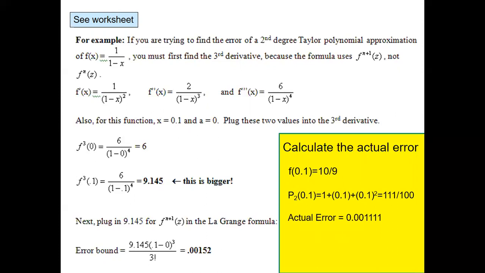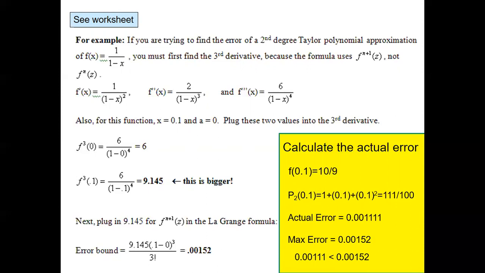The difference between those two numbers is 0.001111. But my maximum error was 0.00152. So therefore, the actual error came out less than the maximum possible error, approximating 1 over 1 minus x with a second degree Taylor polynomial at 0.1.